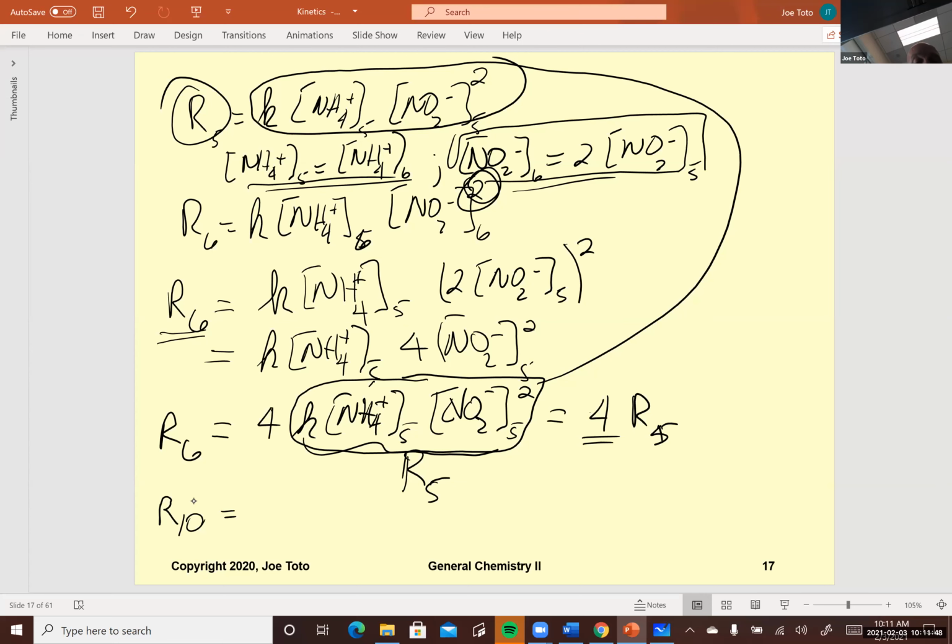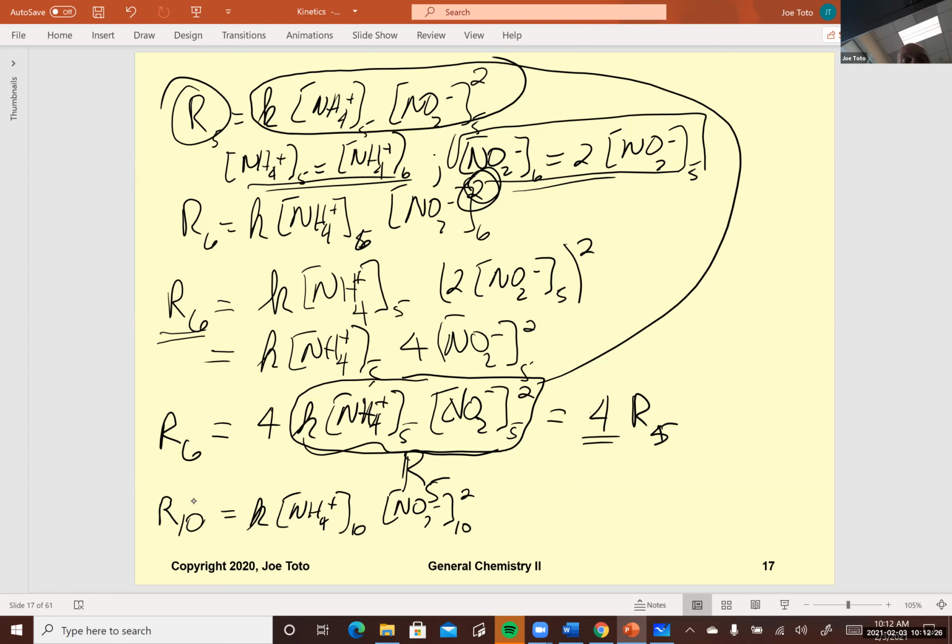Let's say in experiment 10, we tripled the nitrite concentration and left the ammonium the same. How would that change things? For 10, it's going to be K times the concentration of ammonium in 10, which we didn't change, times the concentration of nitrite in 10, which we did change.